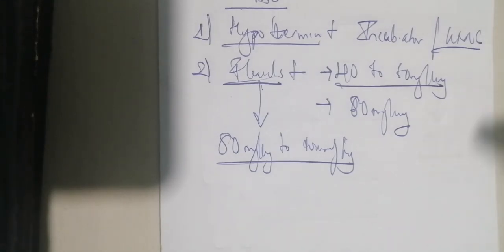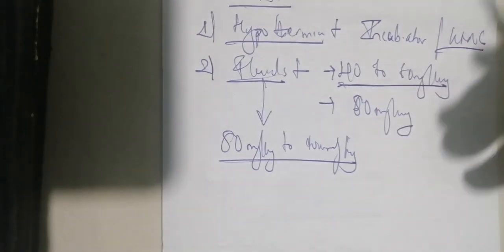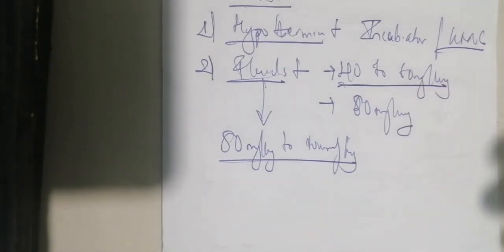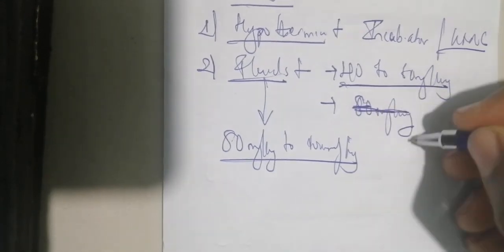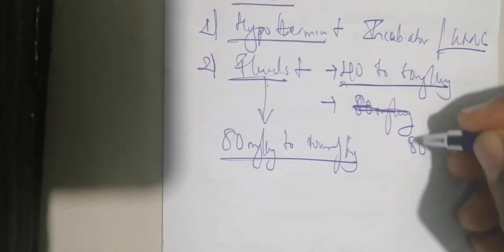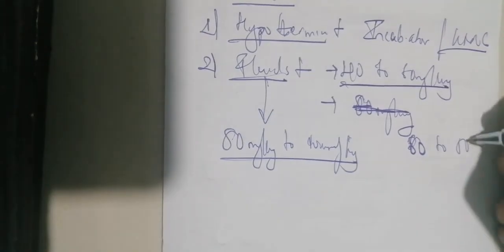So that's why you have to give more fluid to these children than to birth asphyxiated children. Birth asphyxiated children don't breathe very fast, so they are going to retain their fluid, which is normally lost by breathing.